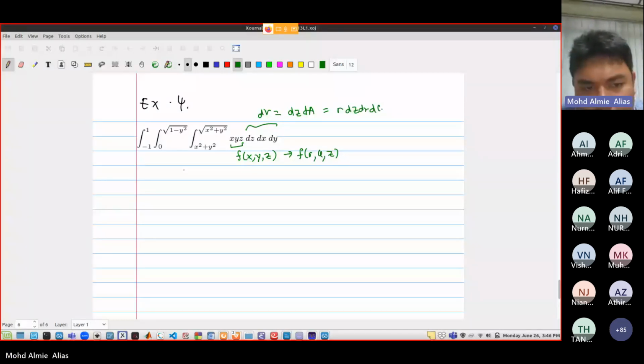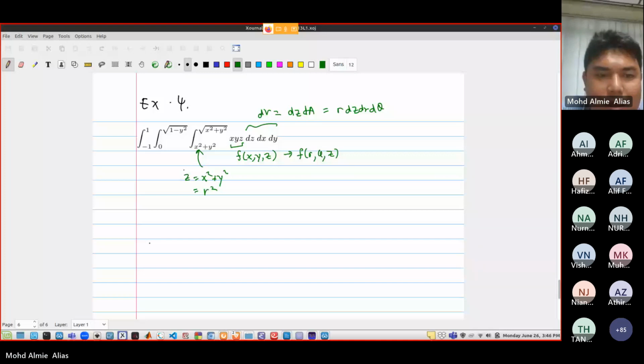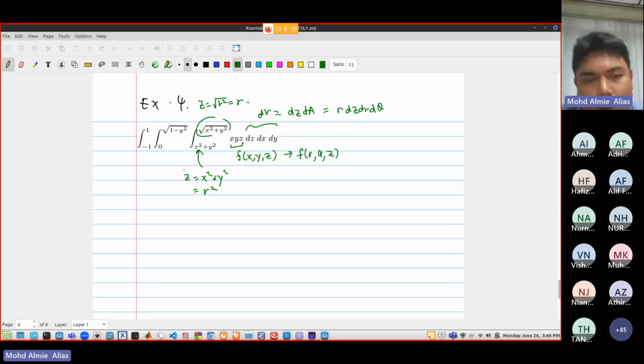Okay, so this is fine. This is z equals to x squared plus y squared, which is z equals to r squared. And this is actually z equals to square root of r squared, which is r. Then here, this one is quite easy because you can directly change x squared plus y squared equals to r squared.